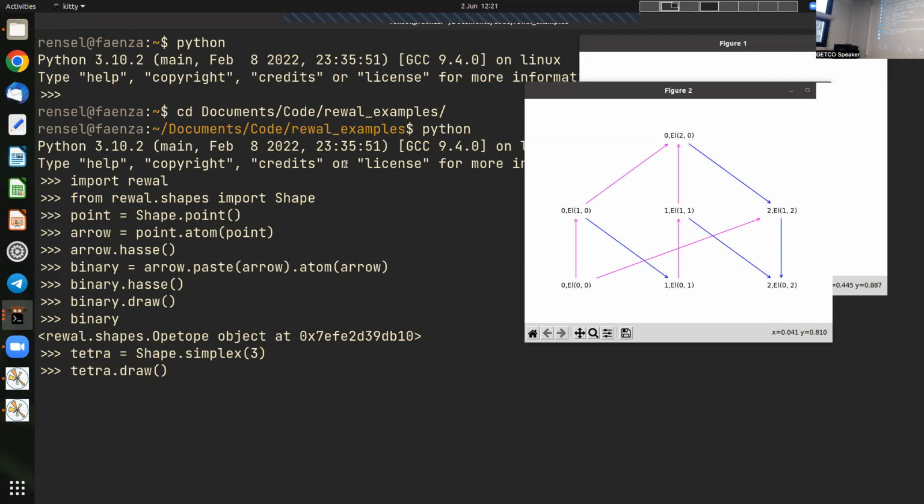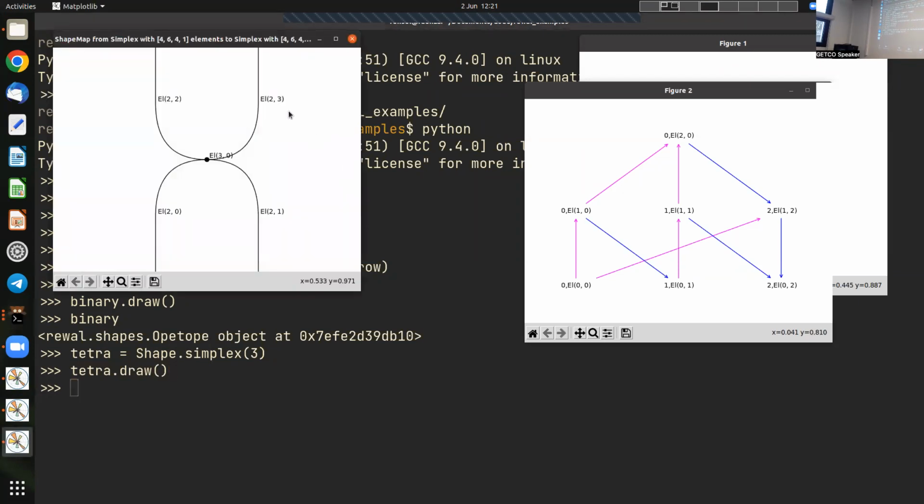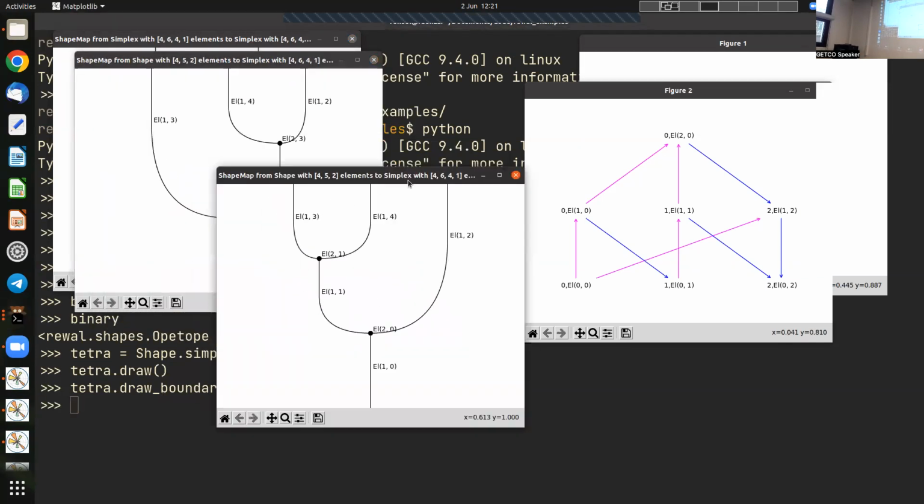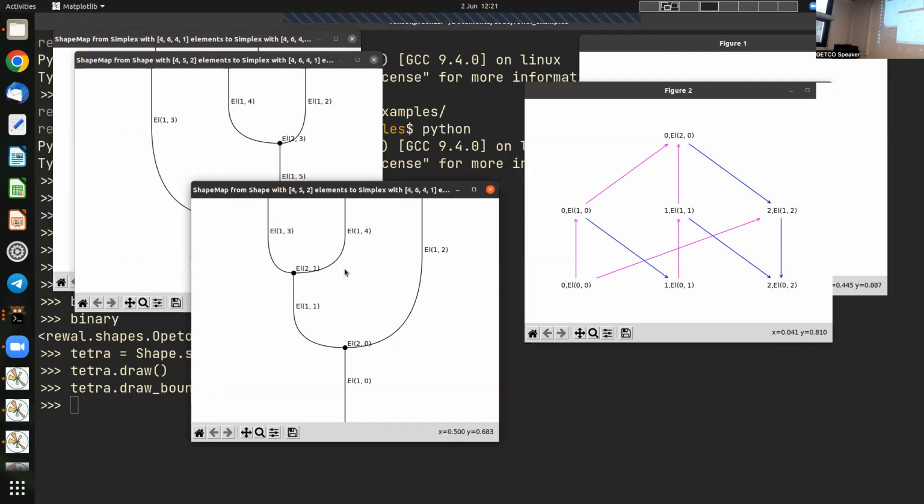And if I draw this as a string diagram, it just gives you this separation of the boundary of the tetrahedron into two input triangles and two output triangles. It's also useful to see this as the representation of the input boundary and the output boundary of the tetrahedron.